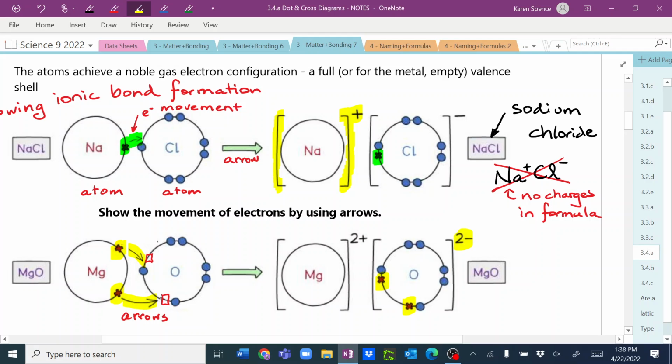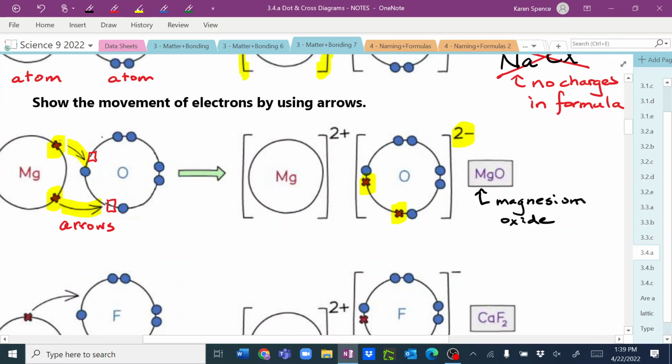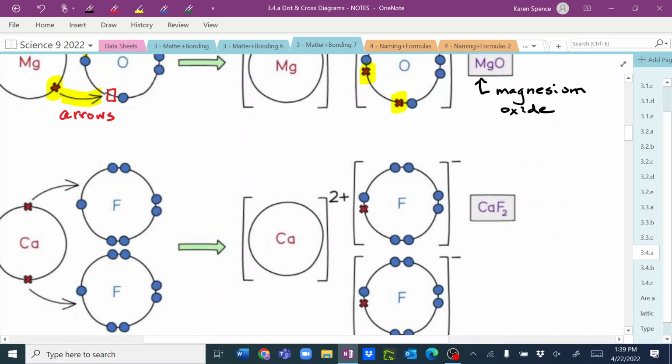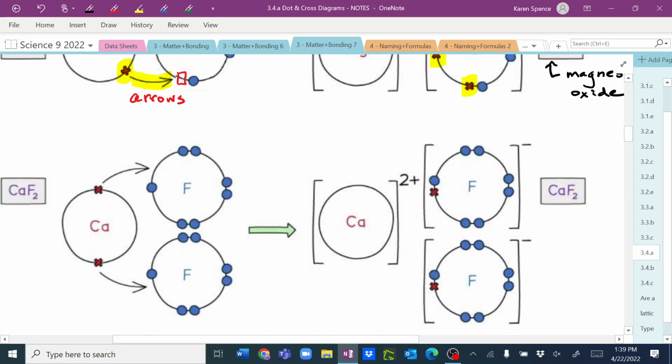Now, sometimes, up till now, it's been very nice. Somebody needed 1 electron, the other guy had 1 electron. Somebody needed 2 electrons, the other guy had 2 electrons, yes? However, look at this down here. Calcium would like to get rid of 2 electrons. If we had only 1 fluorine, that would only take care of 1 of the electrons, yes?